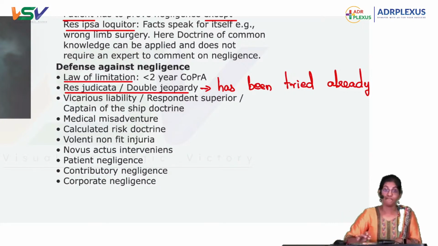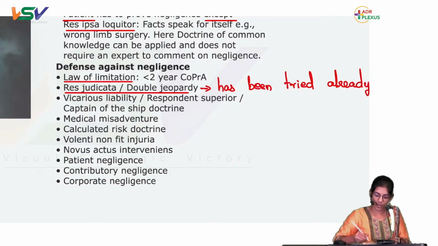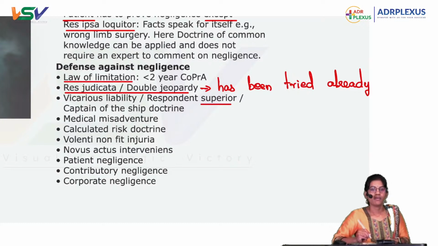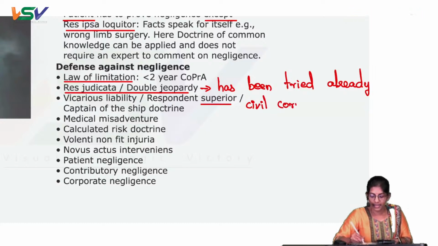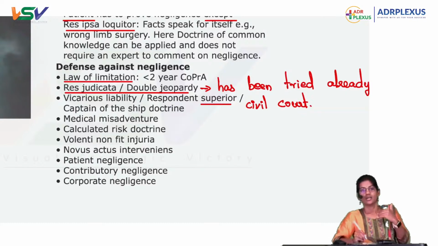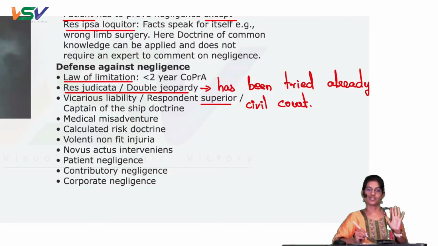Next, vicarious liability. Superior is responsible. Now, vicarious liability works only in civil court. When there is criminal negligence, the doctor cannot go and say that my senior is responsible. In criminal negligence, even the junior is responsible.